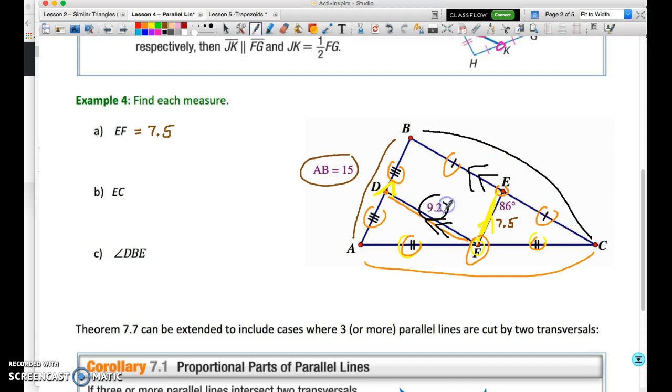Since we know the length of DF is 9.2, we now know that the length of BC is 18.4, and of course, since BC is cut in half, each of these pieces will be 9.2. Okay, and so in answer to the question, what is the length of EC? We have a length of 9.2.